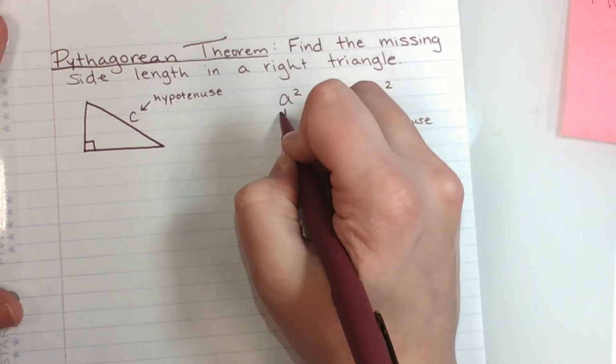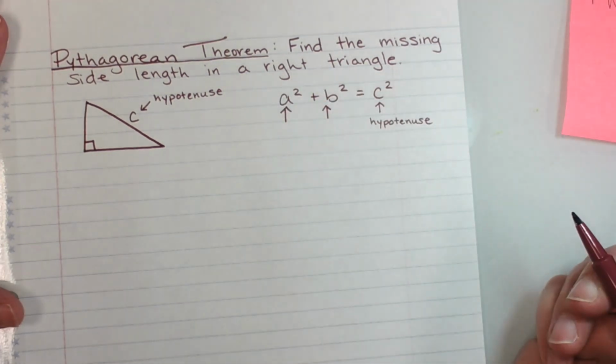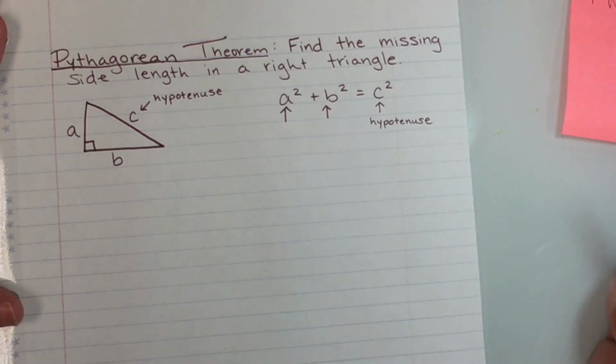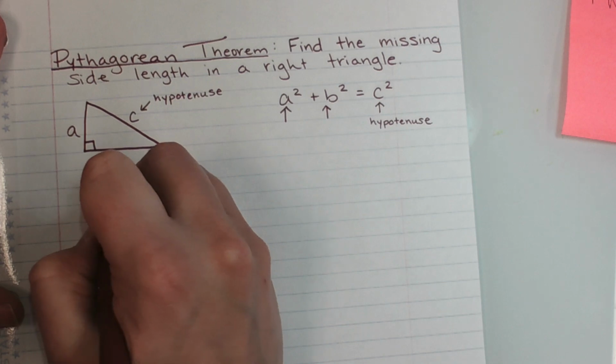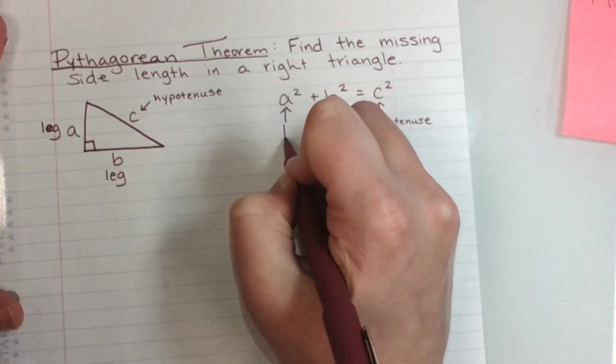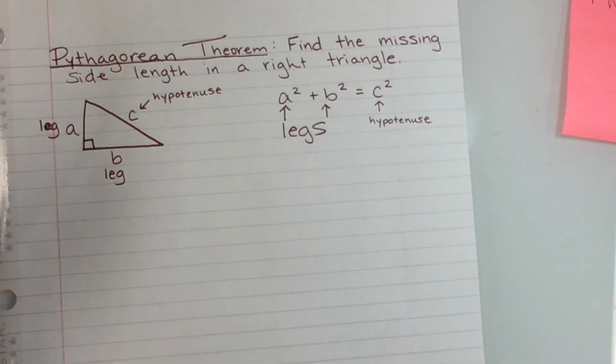What are the other 2 sides called? What's with an L? You have 2 of them. Legs. A and B are the legs.